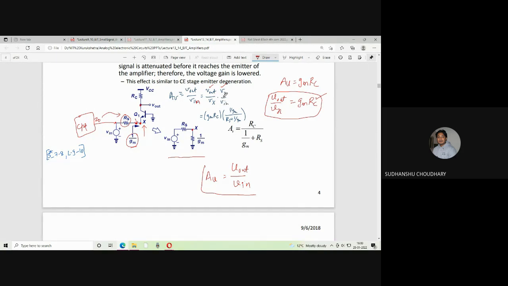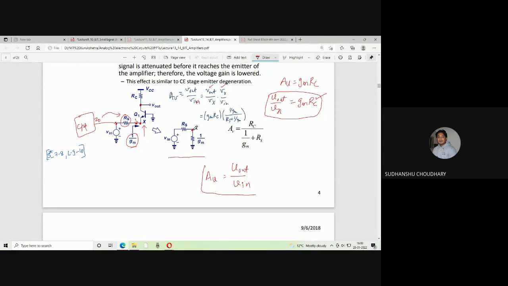So how to find Vx by Vin? That is Vx divided by Vin, and this ratio I have to find. For this I utilize this circuit.